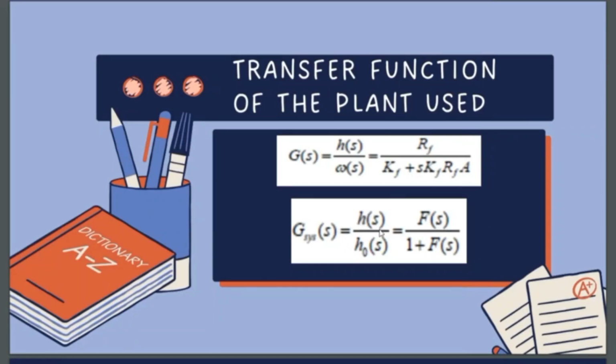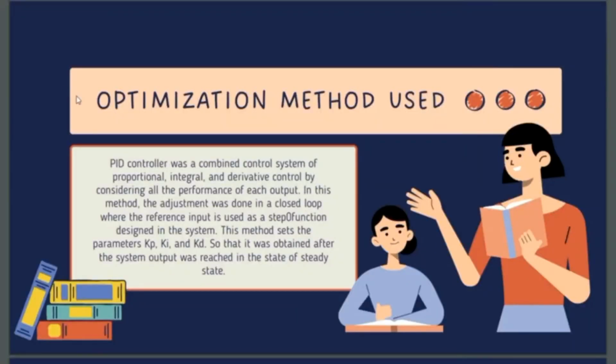After that, the optimization method used. The PID controller was a combined control system of proportional, integral, and derivative control, considering all the performance of each output.